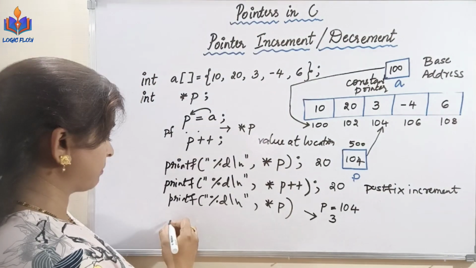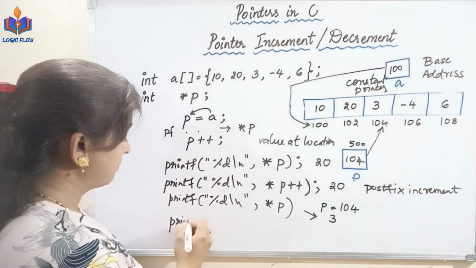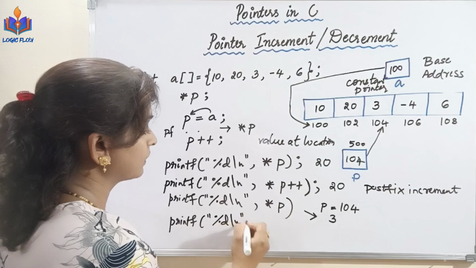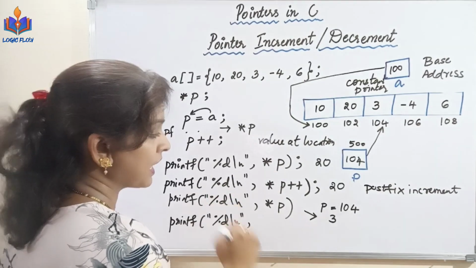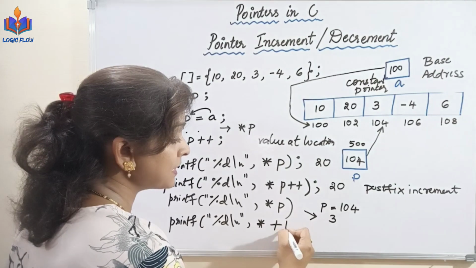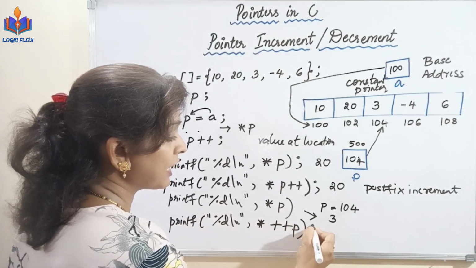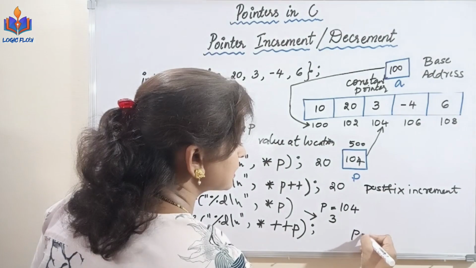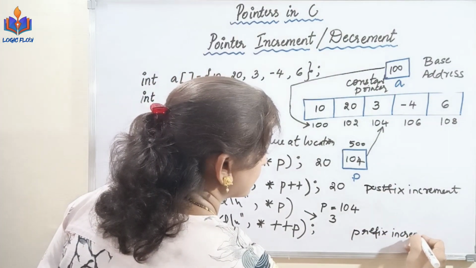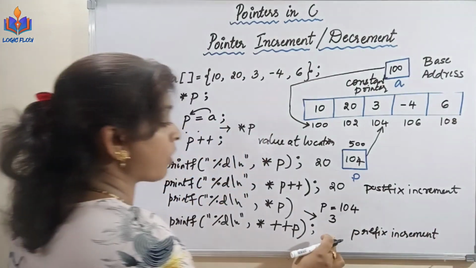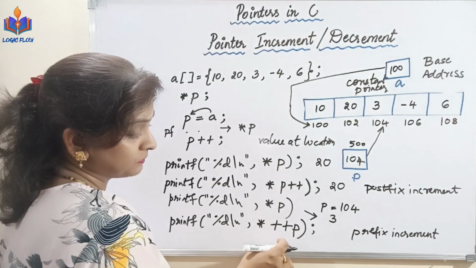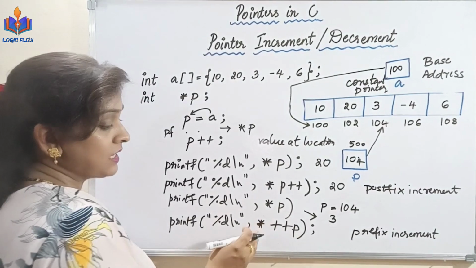Now just observe one more thing. I'll say printf %d. Now what will I do? I'll say asterisk plus plus P. What kind of incrementation is this? This is prefix incrementation, pointer prefix incrementation. I say plus plus P, so plus plus and asterisk.